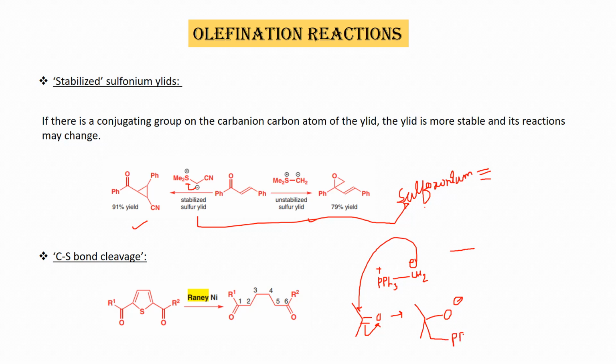PPh3 plus is still there. Now phosphorus has a vacant d orbital, so it will attack here, give its electron to this, then it will form a cyclobutane type of ring.